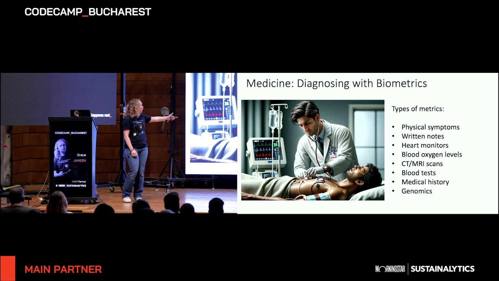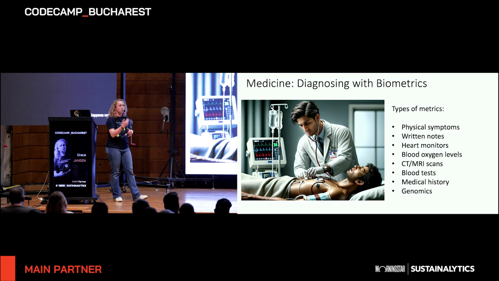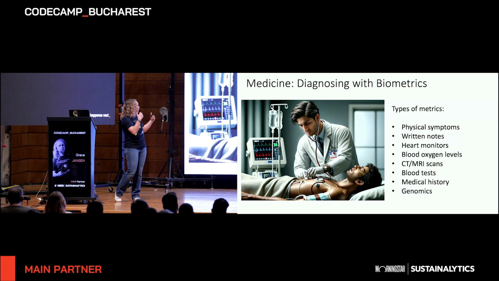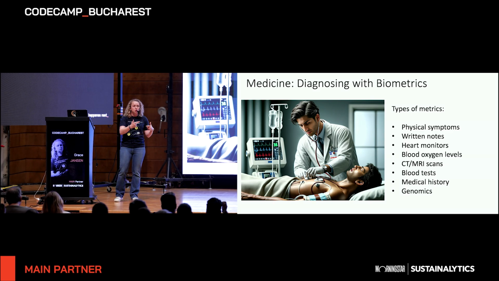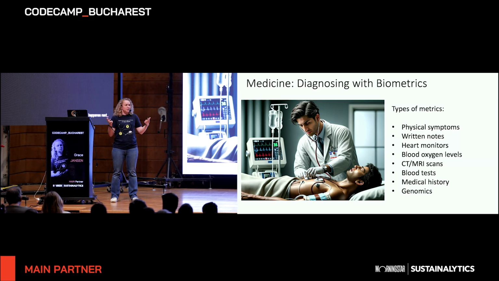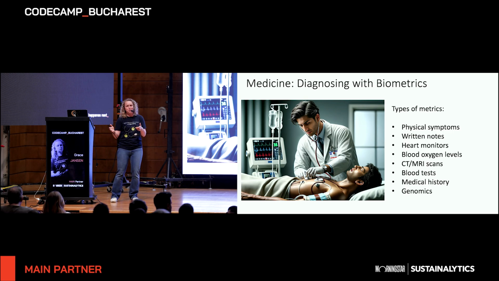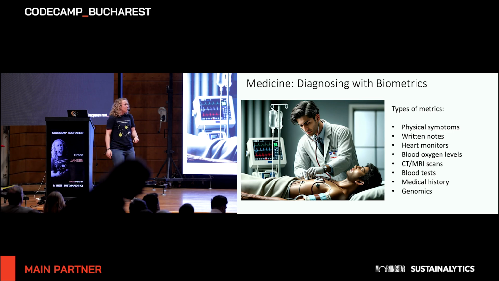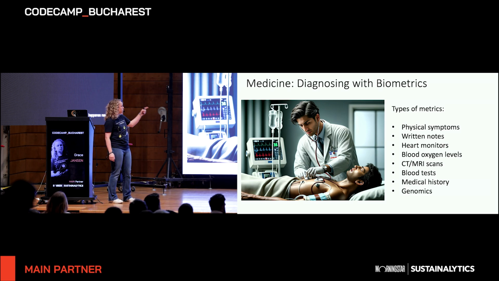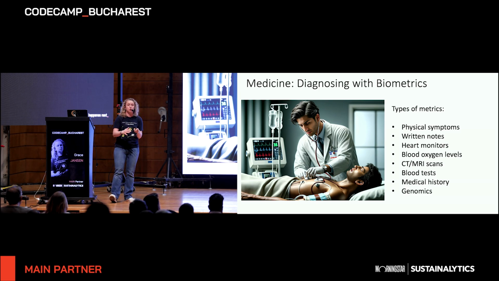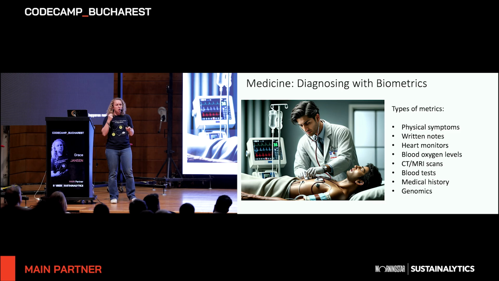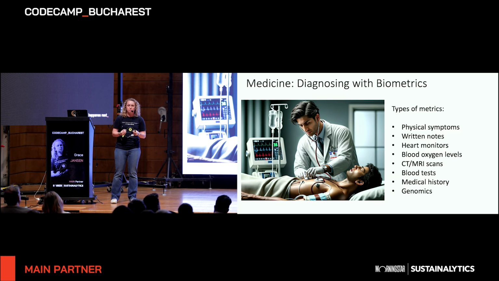But there are non-obvious ones too, like written doctor notes, heart monitors, blood oxygen level. Think of sitcoms and all the buzzing machines behind patients in the hospital, which inevitably always happens. So doctors are constantly trying to monitor a bunch of different metrics and understand what they actually mean under the covers. What is wrong with my patient and why? And what can I do to fix it?